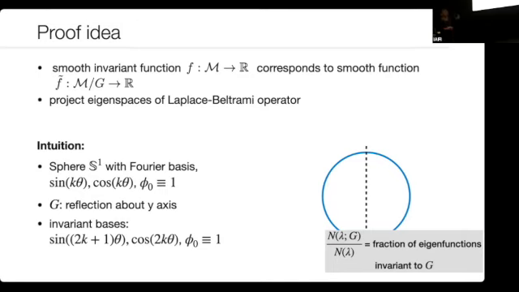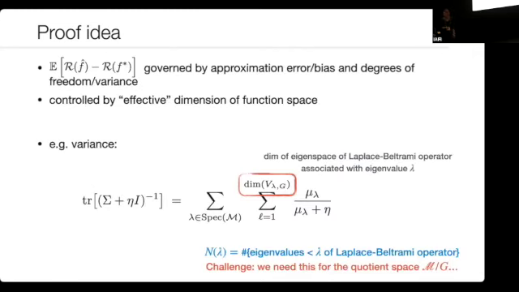Now basically what the proof does is it looks at how many of these eigenfunctions are being removed. Like how many do you have that are invariant? And then this goes in by looking at the variance and the approximation error. That's where it comes into the actual error.